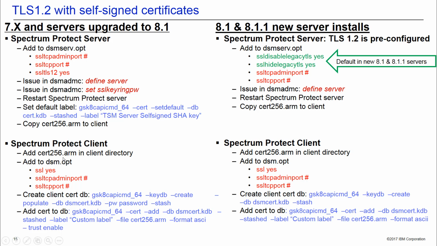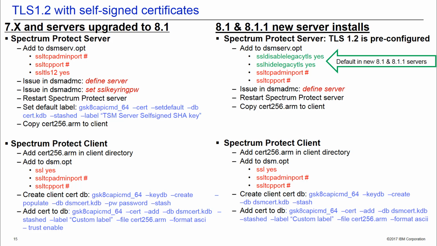You then have to create the cert database using the gsk8 commands, and add this cert256.arm certificate to that database. Now with the 8.1 and 8.1.1 new server installs, some of these steps have already been done for you. You no longer have to set the default label in the cert.kdb file, and some of the options are already set in the dsmserv.opt file.